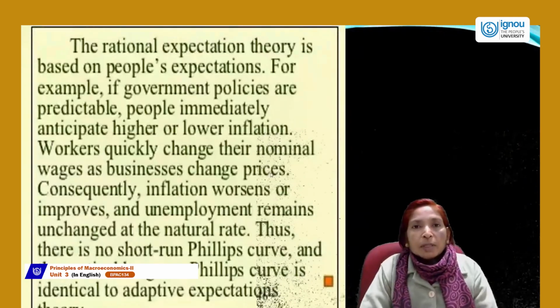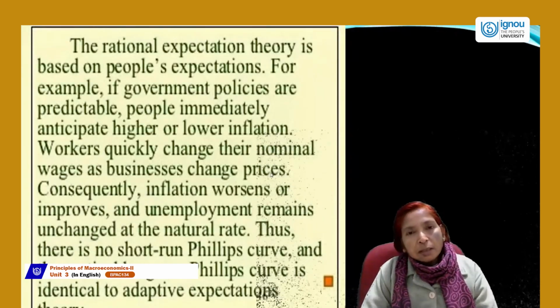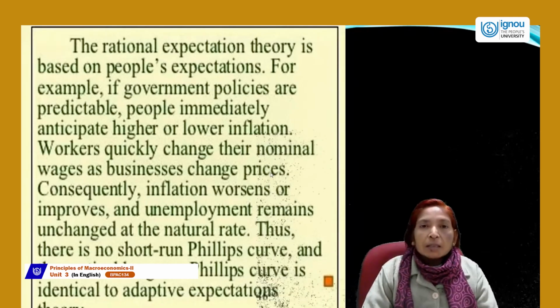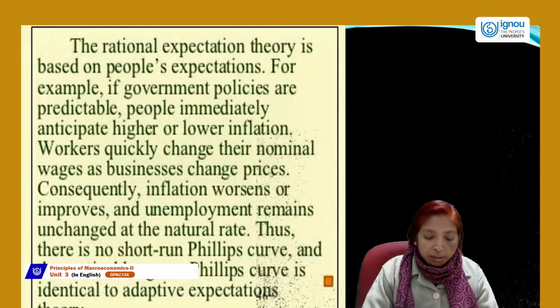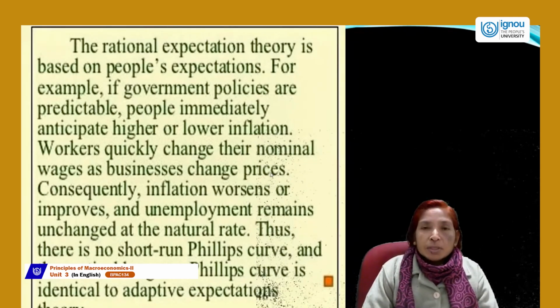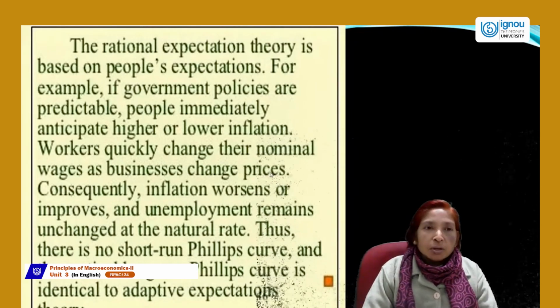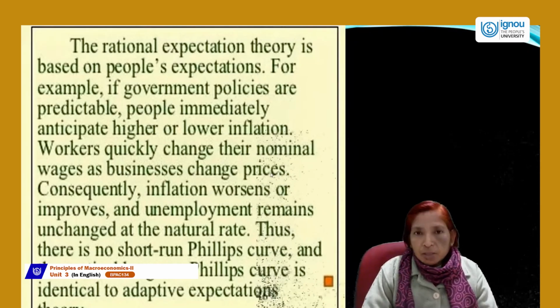The rational people know how they can earn maximum profit at minimum cost, and being a consumer how they can get maximum goods at lower spending. So rational expectation theory is based on people's expectation.